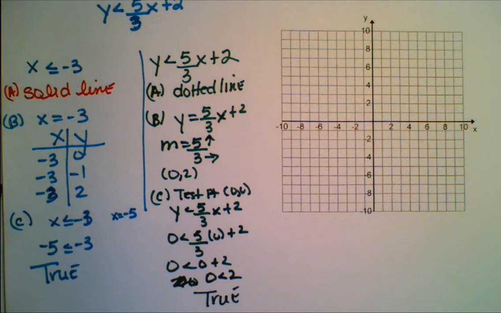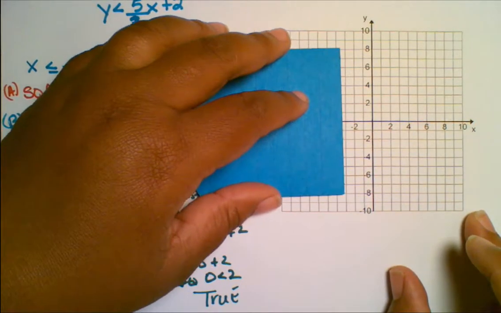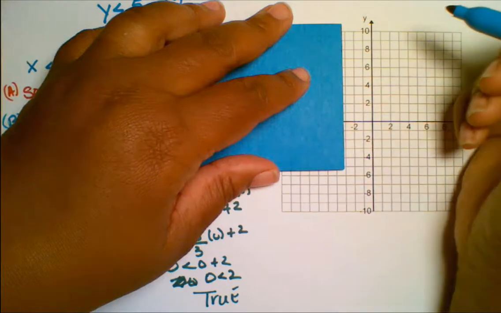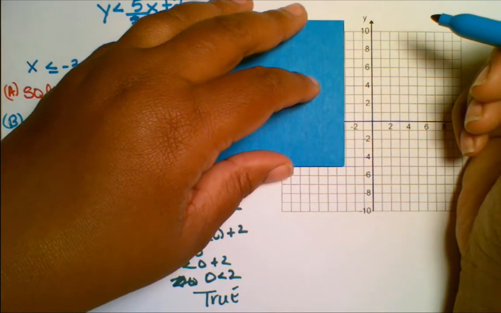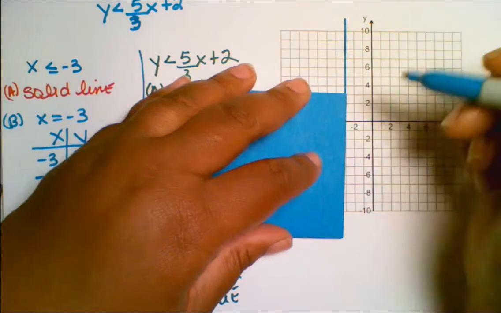Now, x equals -3 is going to be a vertical line at -3. So let's go ahead and graph that. Here is -3. We have a solid line.